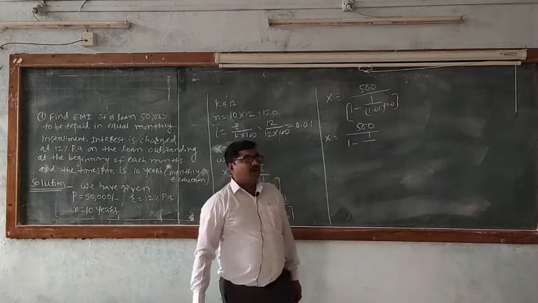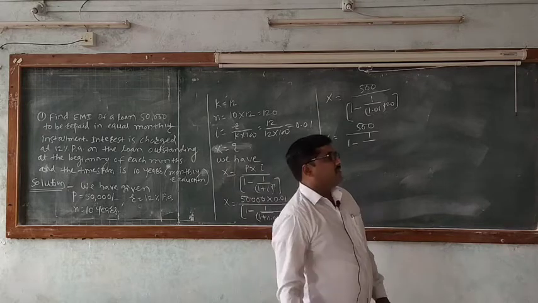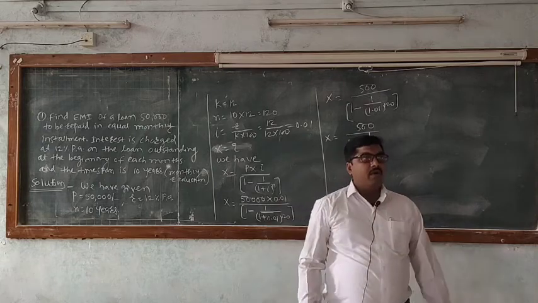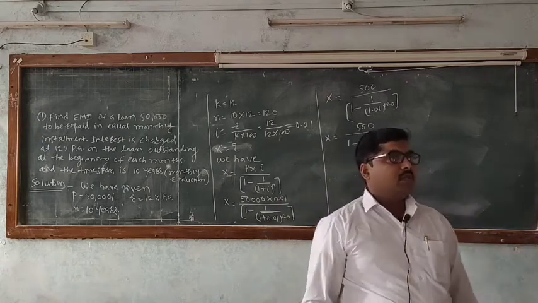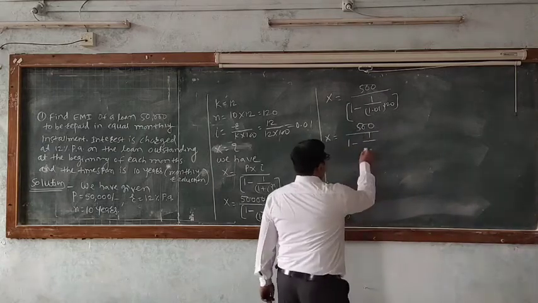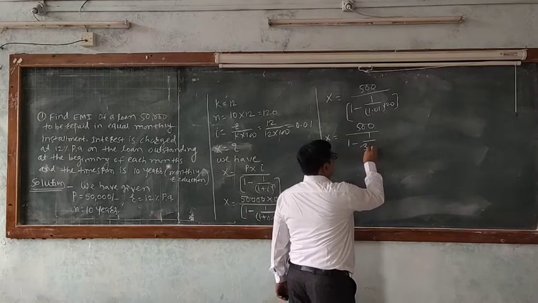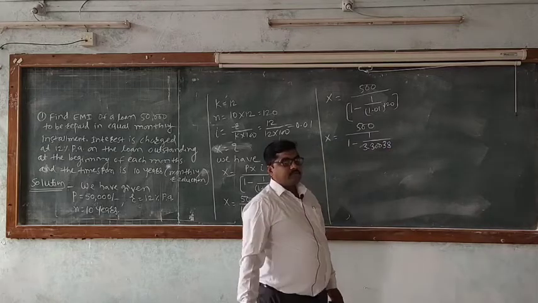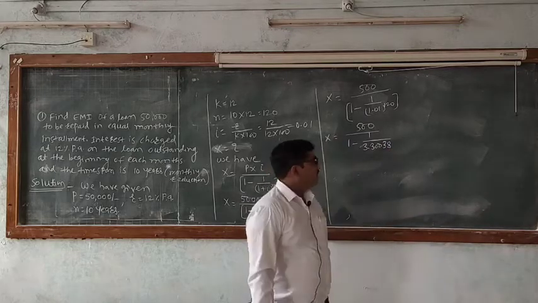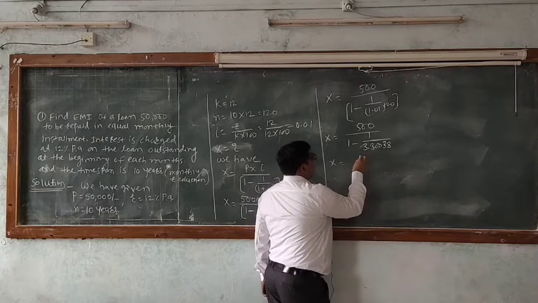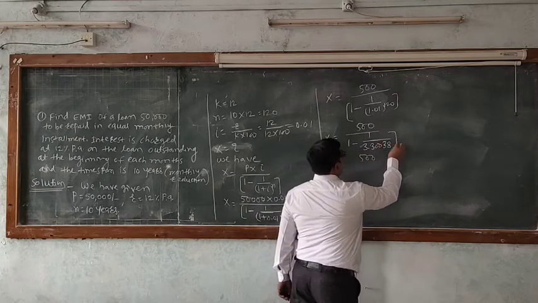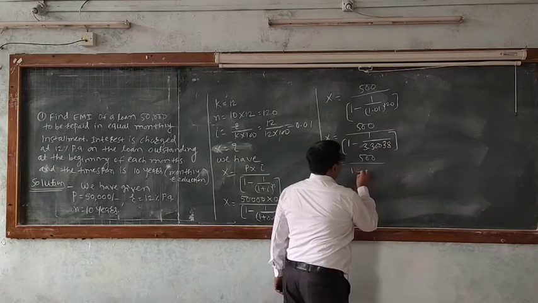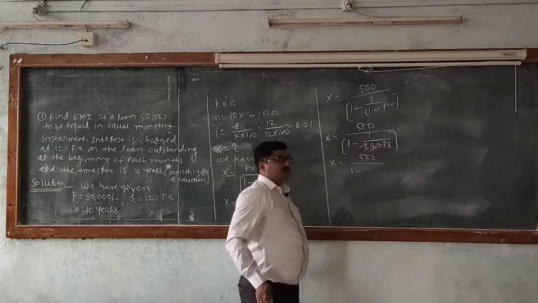Or by using the calculator, we can simply calculate 1.01 raised to power 120, which is 3.3038. So then x equal to 500 upon 1 minus 1 upon this.